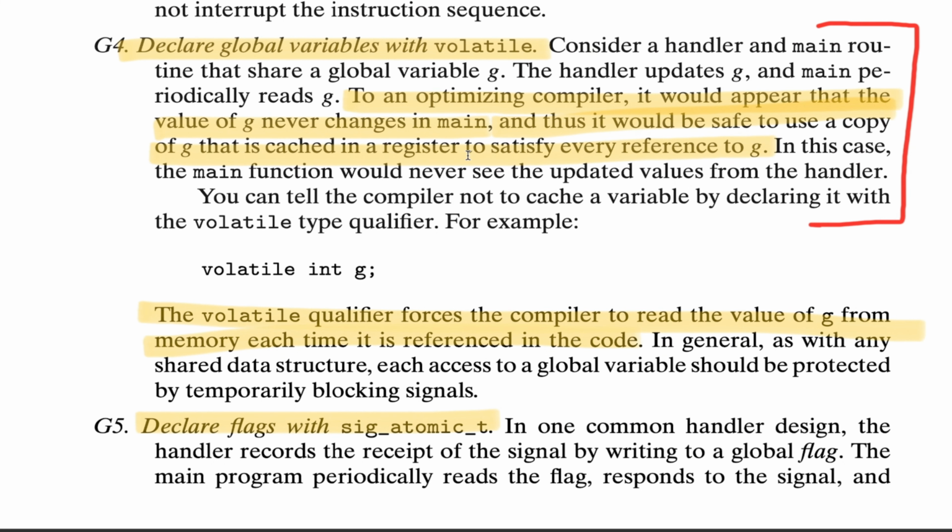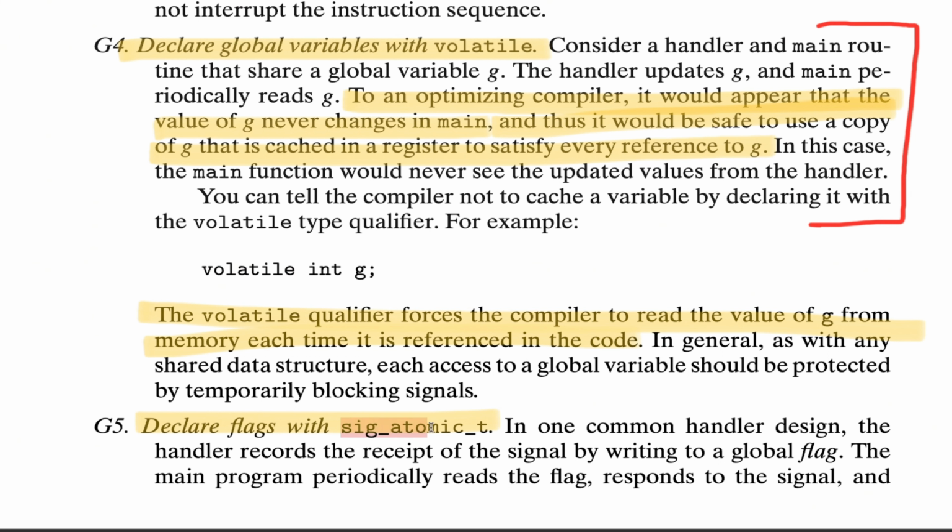Thus, it would perform some optimization, namely caching it in a register to satisfy every reference to the global variable. In this case, the main function would never see the updated value from the handler. So basically, volatile means, please compiler, don't do any kind of optimization. This value is going to change, even though you don't see it in the code. Indeed, this value is going to change only when the process is receiving a signal.